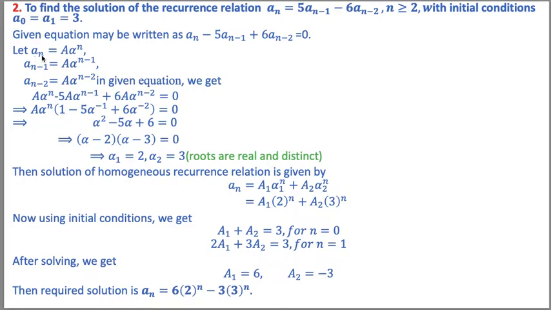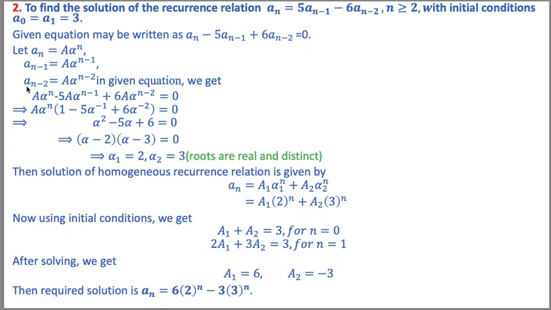If we substitute an equal to a alpha^n, then if we replace n by n minus 1, we will get a(n-1) equal to a alpha^(n-1). If we replace n by n minus 2, a(n-2) equal to a alpha^(n-2).